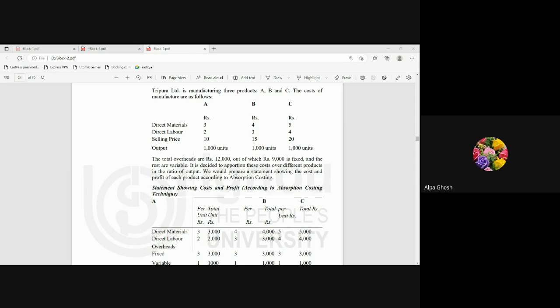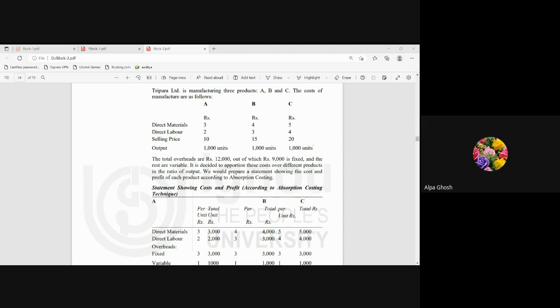I'm just explaining it. When we talk about absorption cost, it is the total cost including variable and fixed. In the question, you have been given direct material, the amounts 3, 4, and 5, which are given under A, B, and C. It is the rate per unit.